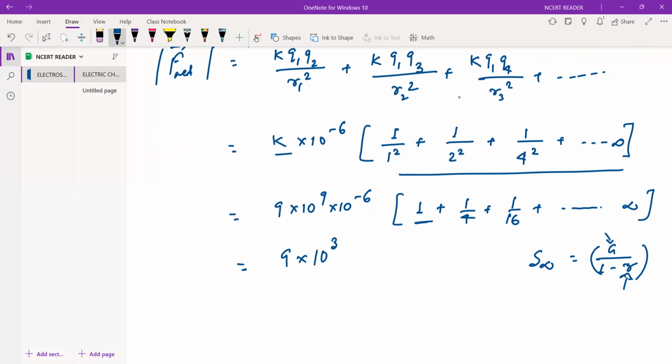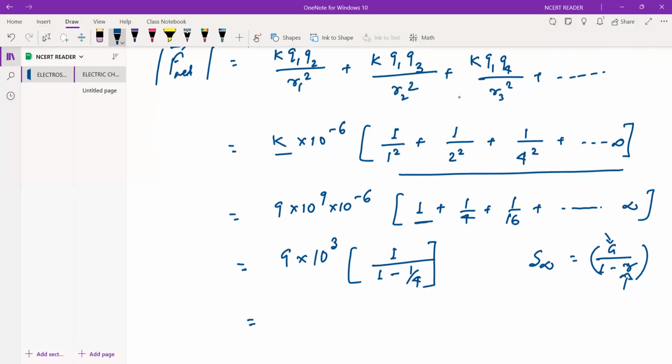So it is 3. And then finally you just write this: 1 divided by 1 minus 1 by 4. The result we are getting here is 4 minus 1, which is 3, and 4 will go in the numerator.